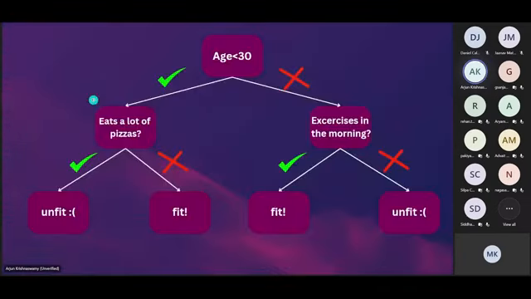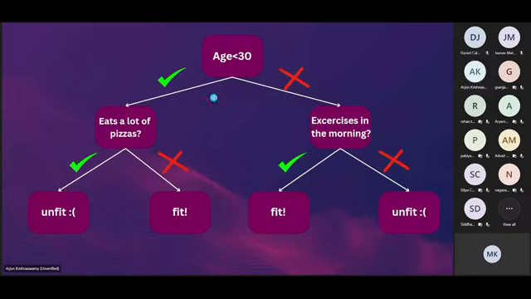Instead of predicting if a person is fit or not, we can predict the weight range or the weight of a person. So we can ask more questions relating to his height and, again, his food eating habits. And then after we ask a bunch of questions, we can finally find out the weight range or even the exact weight of a person.